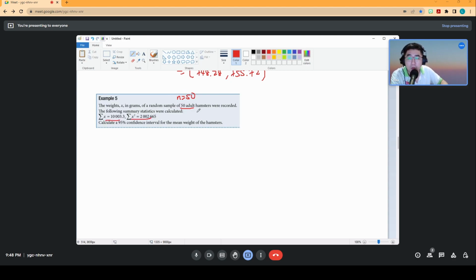So I don't know the population distribution, but they give us these three pieces of information: n equals 50, sum of x equals 10003.3, sum of x squared equals 2002665. So over here, it tells us that the population variance is not given.